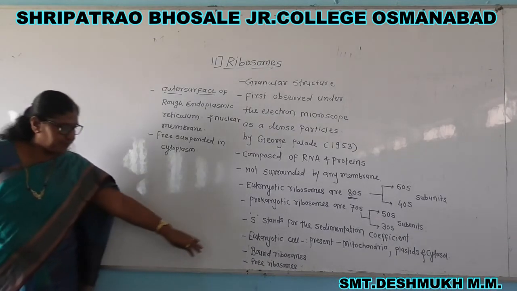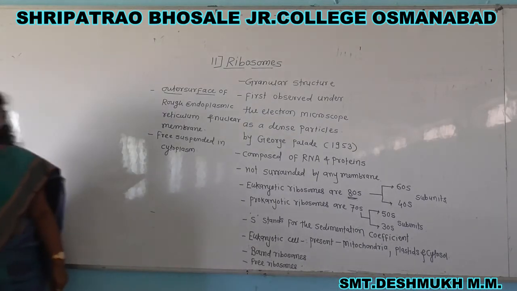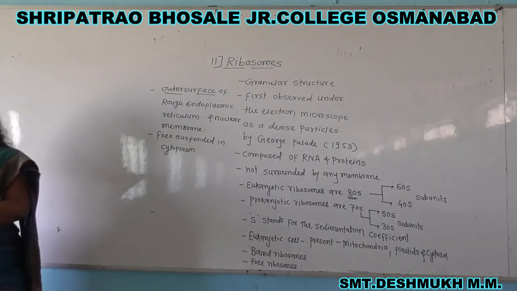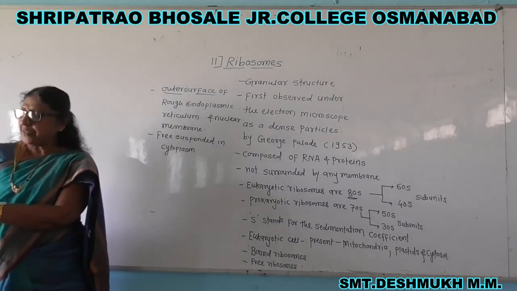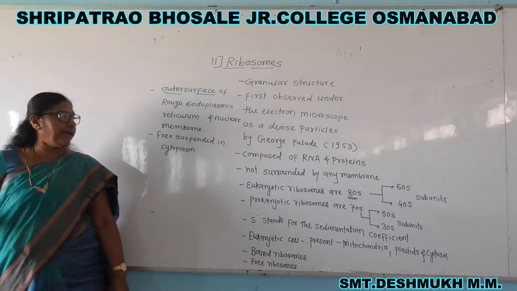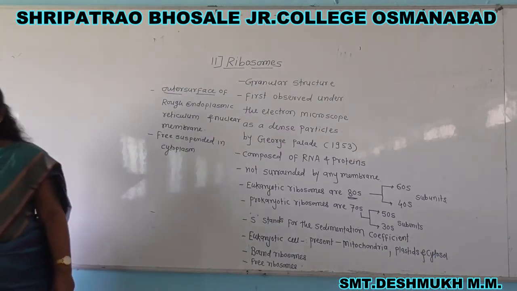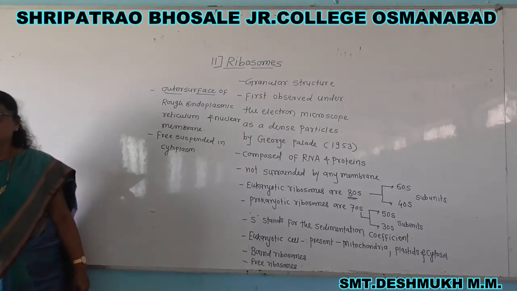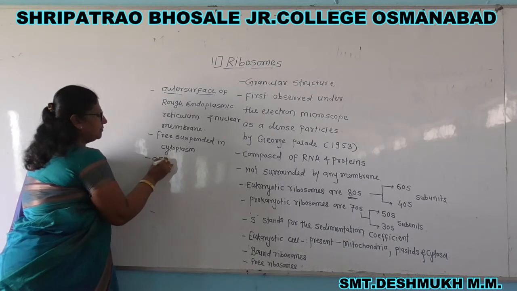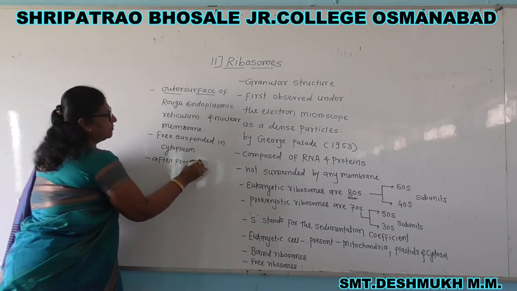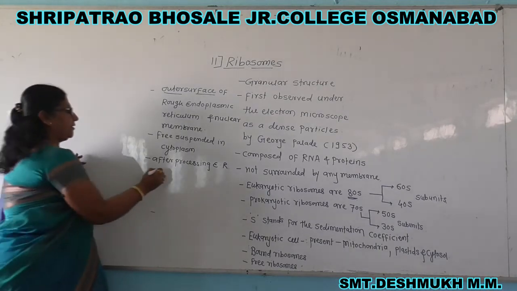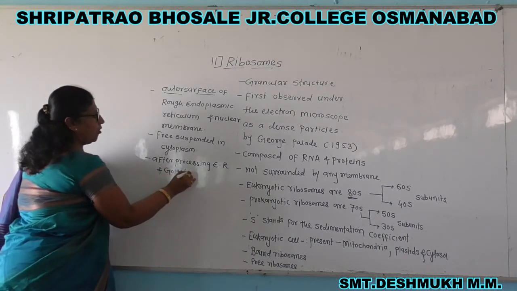Bound ribosomes generally produce proteins that are transported outside the cell after processing in the endoplasmic reticulum and Golgi body.